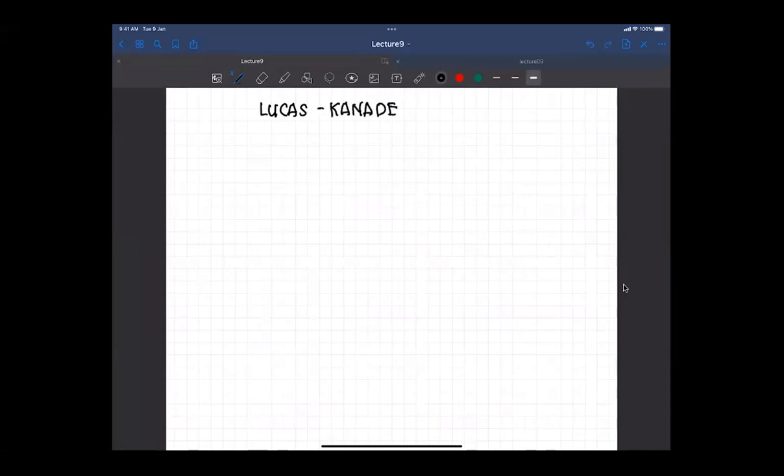Optical flow. Okay, so one thing that is in the optical flow, a basic assumption on the optical flow is called BCC.